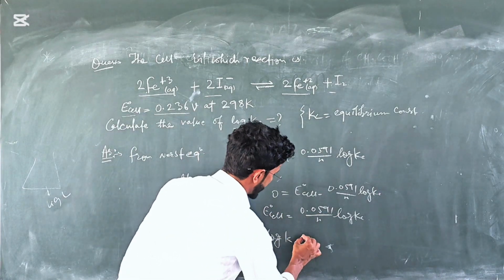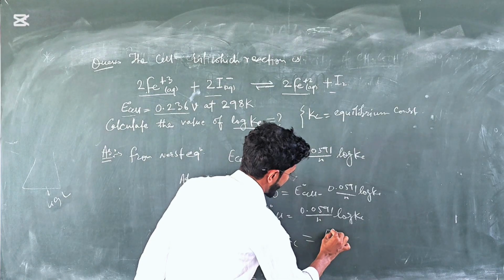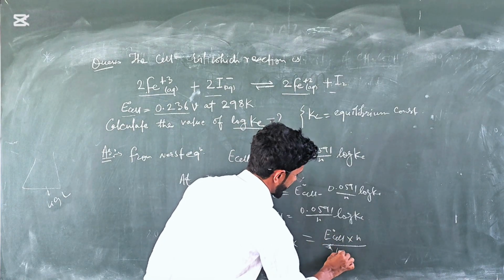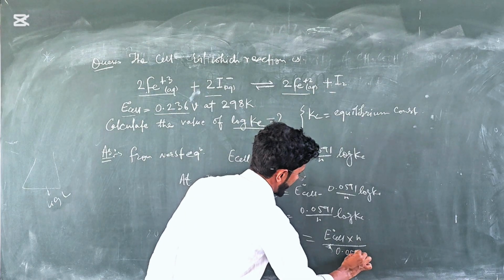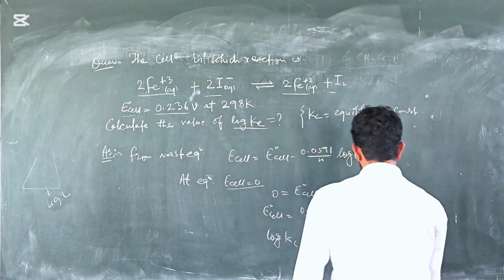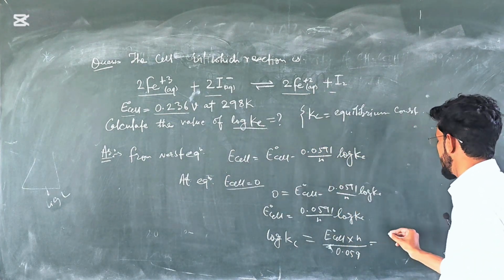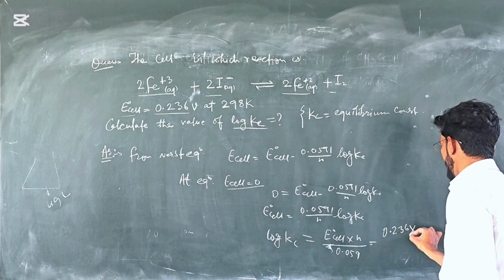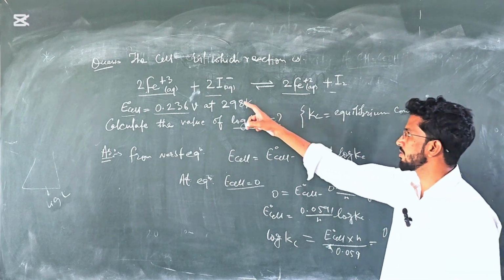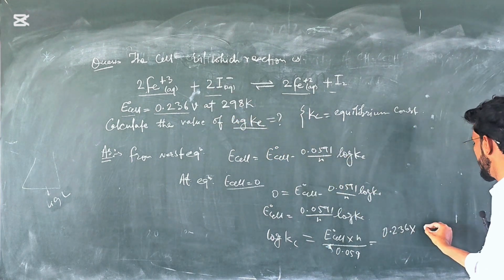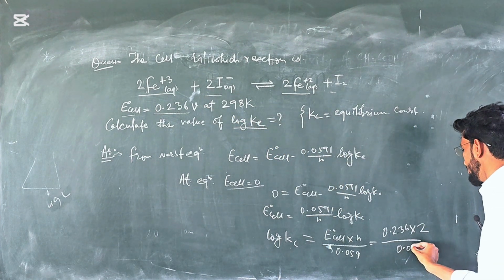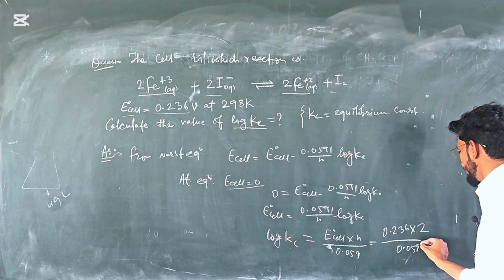Now, the value of log Kc is equal to E° cell into n upon 0.0591. The value of E° cell is given as 0.236, and the value of n is 2 because 2 electrons are gained or lost. So n is 2 upon 0.0591.